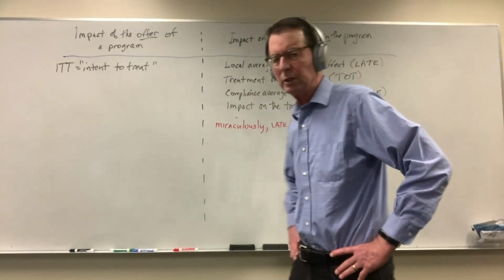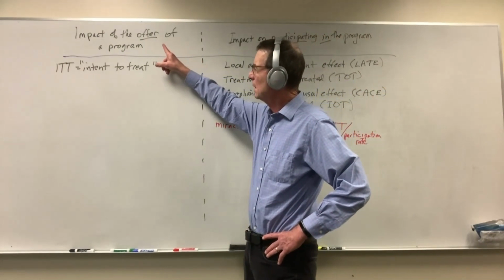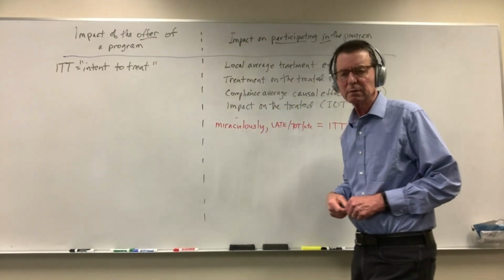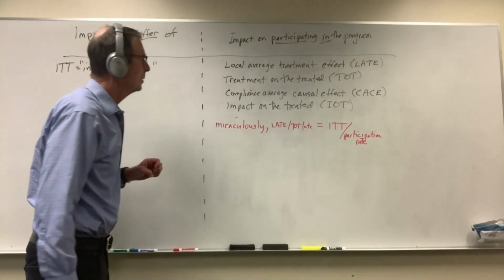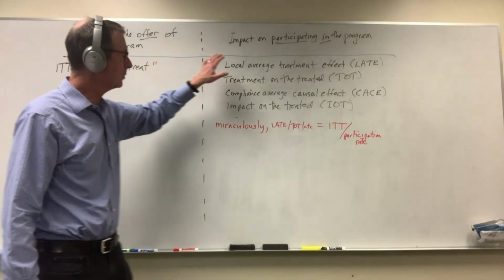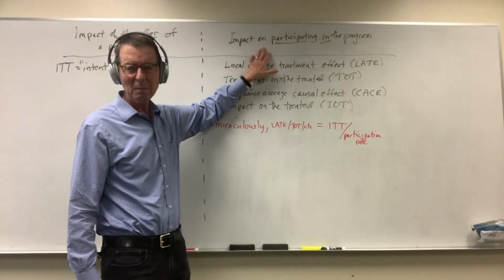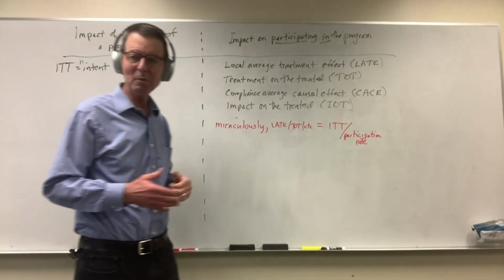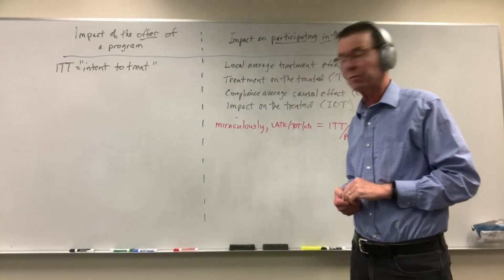One big distinction is between the impact of the offer of a program to a population of interest, and the impact of participating in the program. Typically, when you go out with a program and offer it to people, take-up is not universal. Sometimes take-up is far from universal.